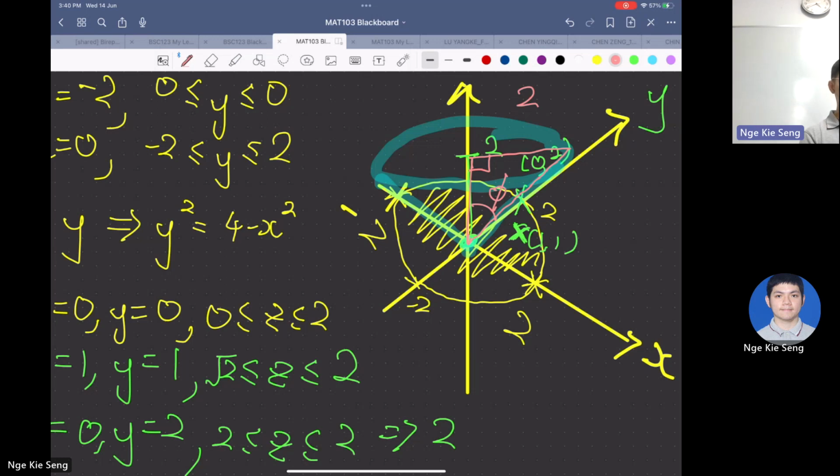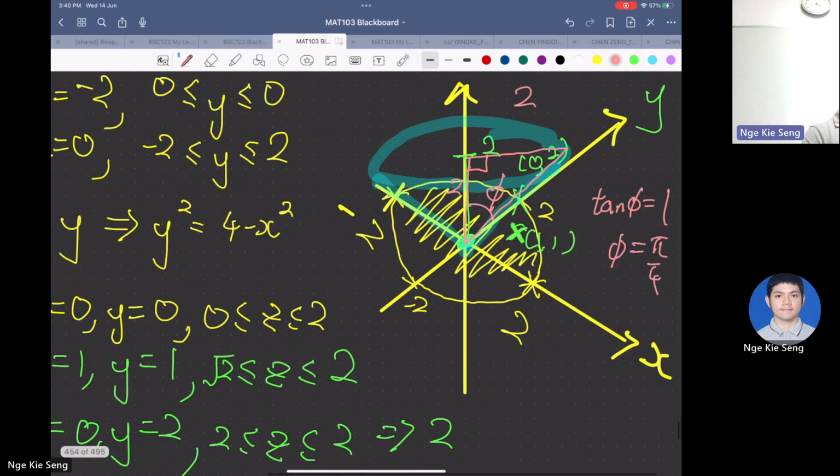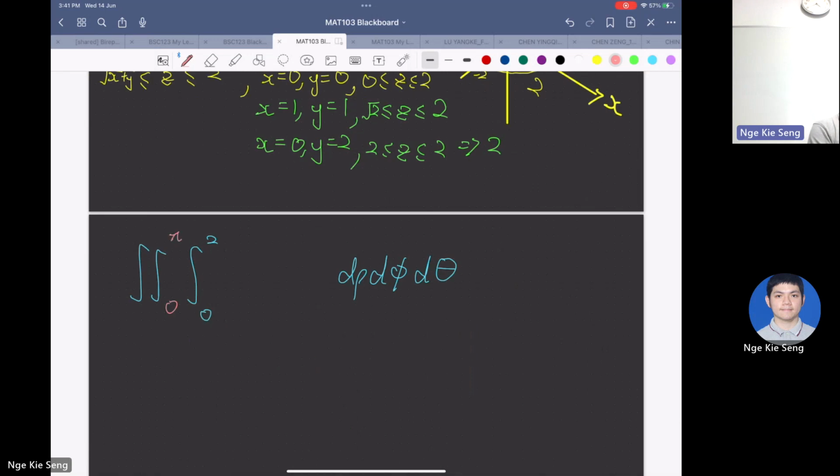We just need the height, that is enough. Okay, we can use tangent. So 2 over 2. Tangent of what angle is 1? So this is pi over 4. So we're going from 0 to pi over 4.